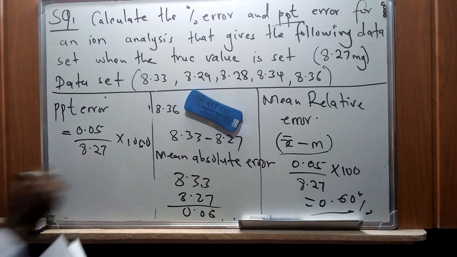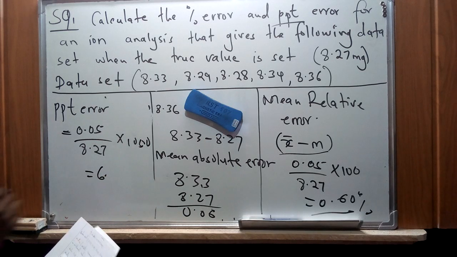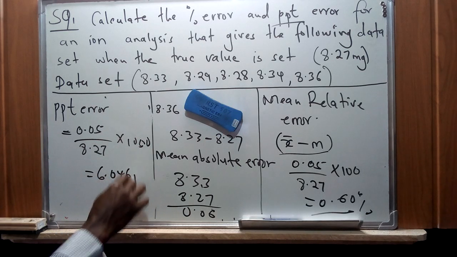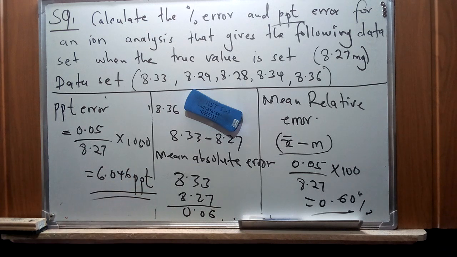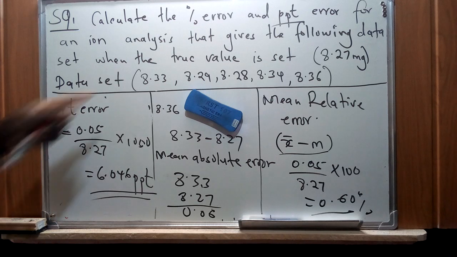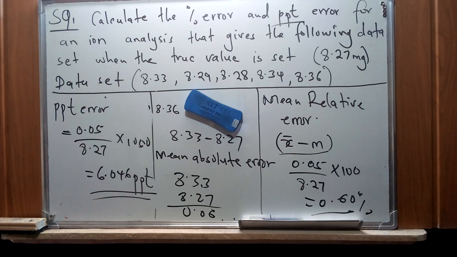That one is going to give us 6.046 parts per thousand. So this is how we can express those values for the range of data that we have been given in this ion analysis.